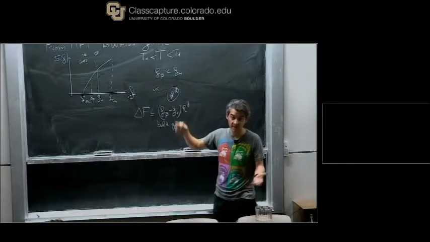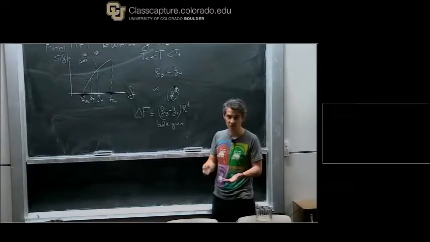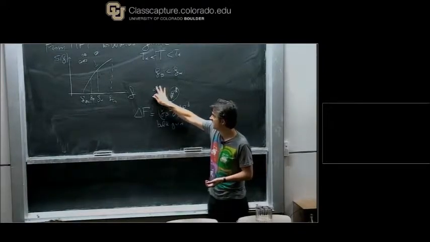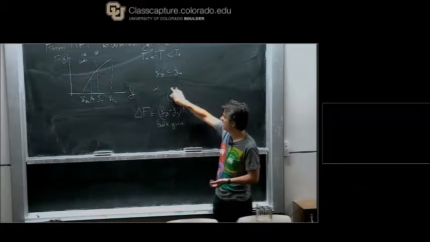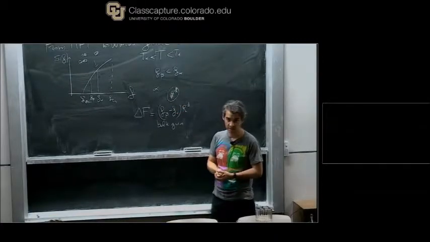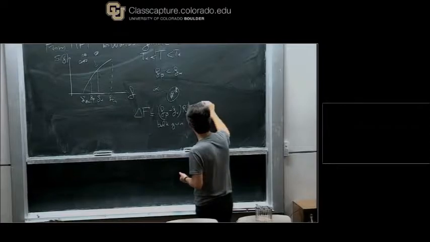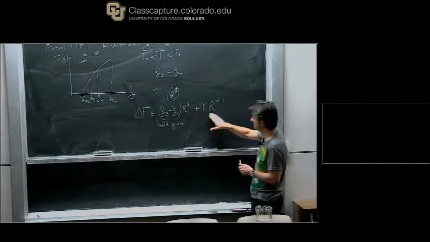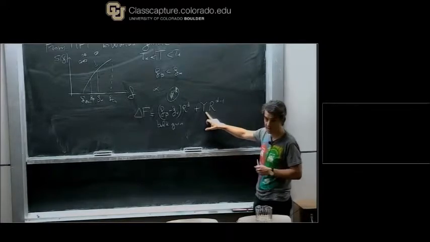This is very general: as long as you are in finite dimension with short-range interactions, this is what you should expect. Think of the Ising model if it helps you. If I have plus here and minus there, I will lose some interface energy. So this gives me a term which is plus gamma r to the d minus 1. This is the surface term, and this is the surface tension.